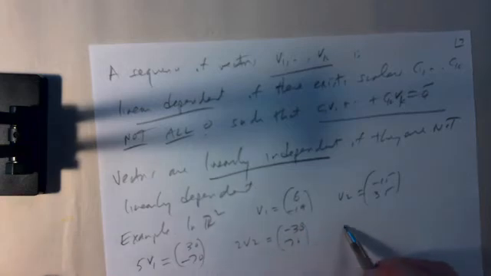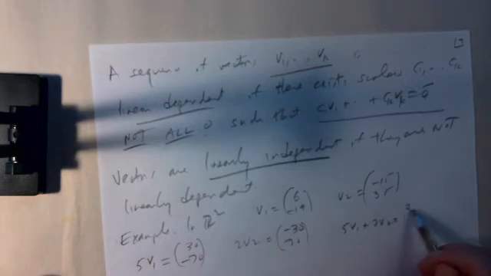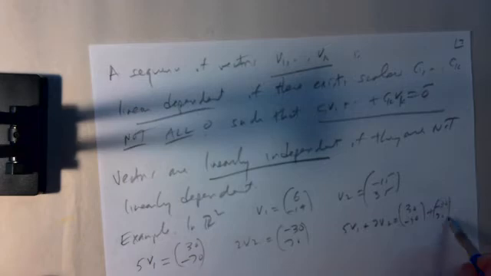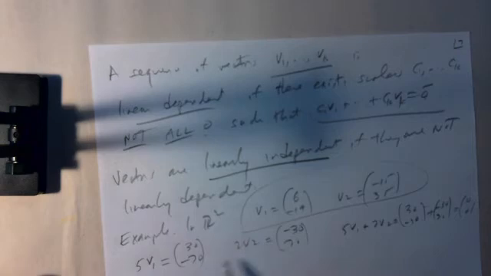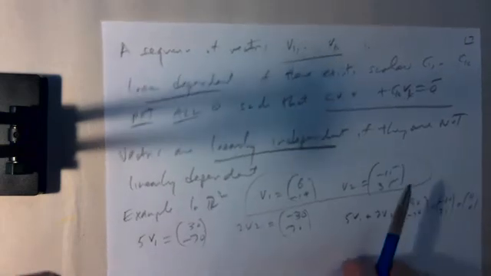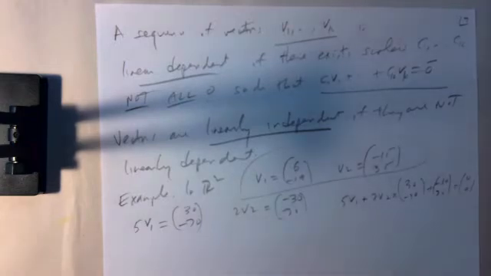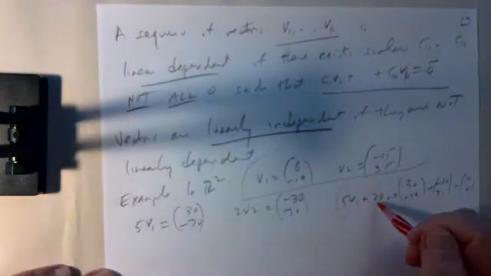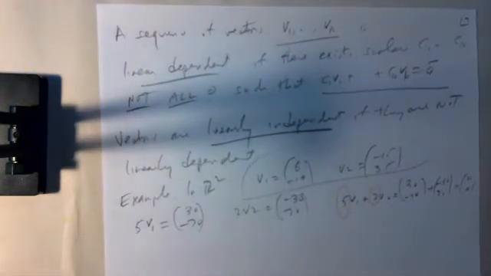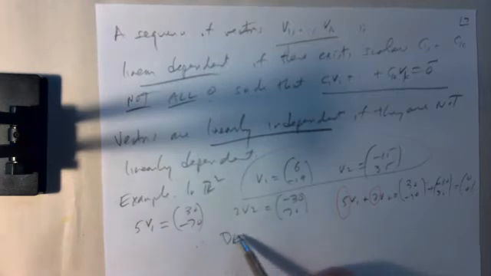So then you'll notice 5V1 plus 2V2 is the vector (30, -70) plus the vector (-30, 70). When you add coordinates, you get (0, 0). So this is a linear combination equal to the 0 vector, and the coefficients are 5 and 2. They're not both 0. So therefore, these vectors are linearly dependent.